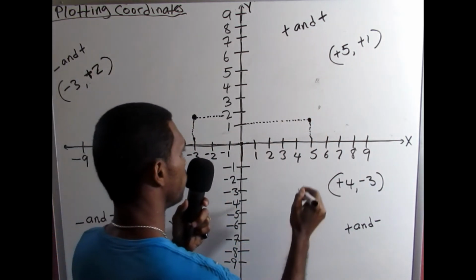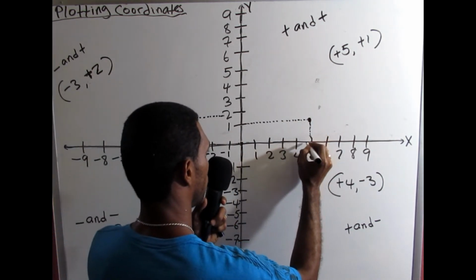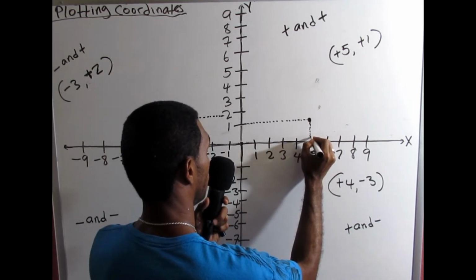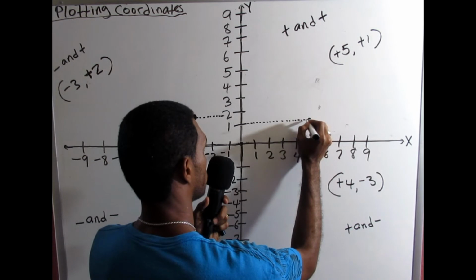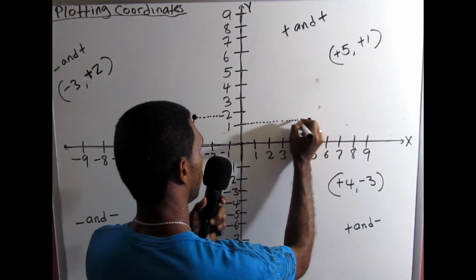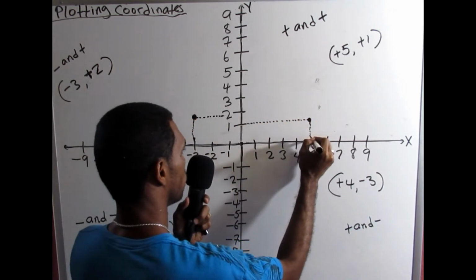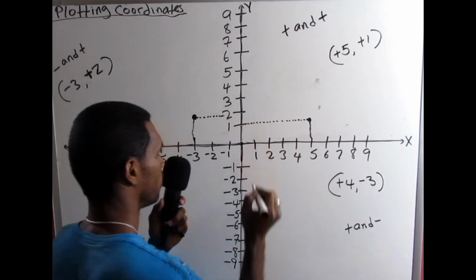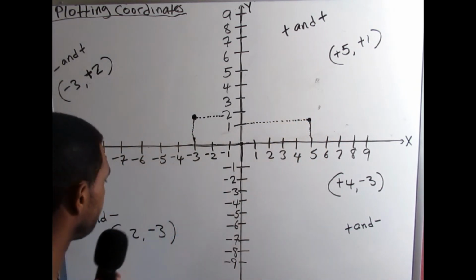So remember, the first thing we do, we find our positive on the x-axis first. And our first positive is positive 5. And our next positive is positive 1. So we come up to 1, in line with the 1. So we know that we're correct because it's positive 5, positive 1. So we plot that correctly.